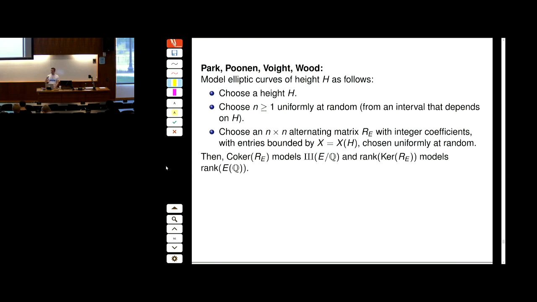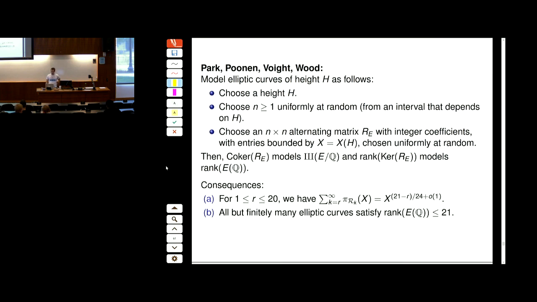The integer coefficients are bounded, so there is a measure on them. The cokernel of the matrix models Sha, and the rank of the kernel models the rank. Remember in the previous slides, the rank was fixed and we were trying to get statistics on Sha. Now they're modeling both things at the same time.